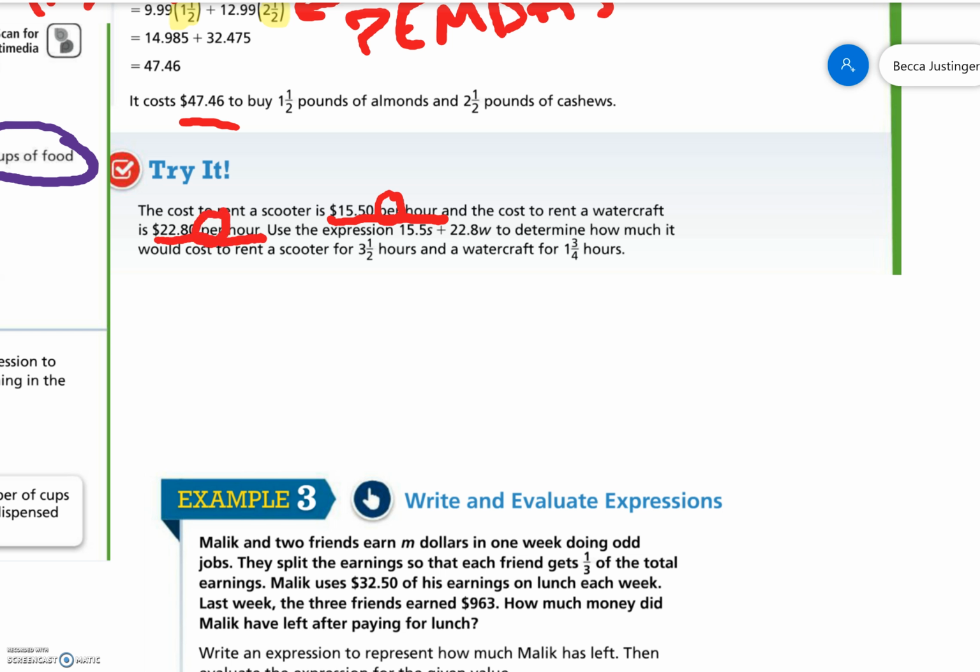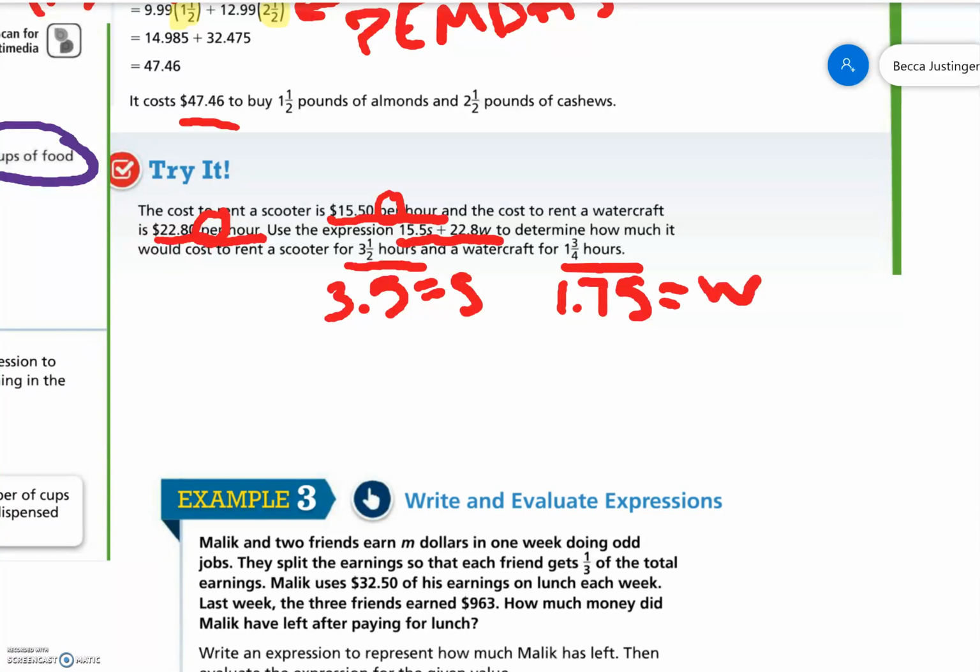So we know those numbers are going to be our coefficients to the variable. And here we go. They wrote the equation for us. 15.5s plus 22.8w. To determine how much it would cost to rent a scooter for 3.5 hours, so that's 3.5, and it's scooter, so that's going to be our S. And a watercraft for 1 3/4 hours, so that's 1.75, think of quarters, and that's the watercraft.